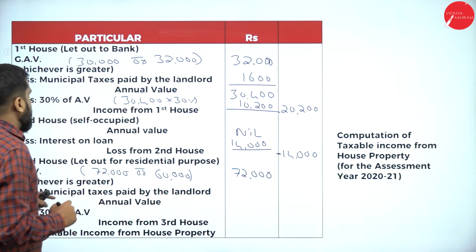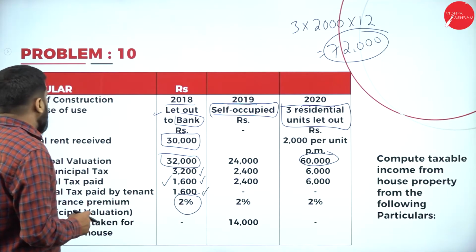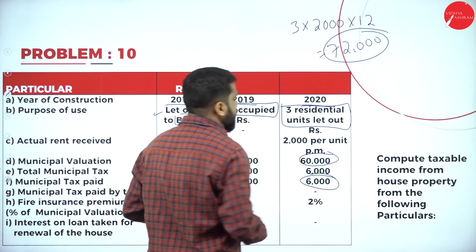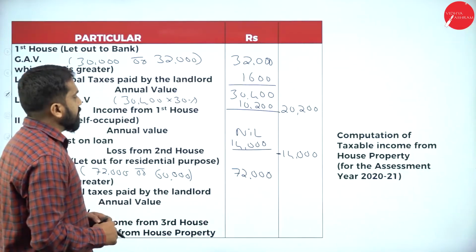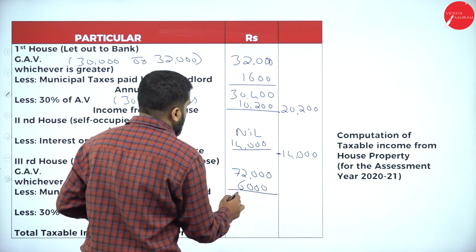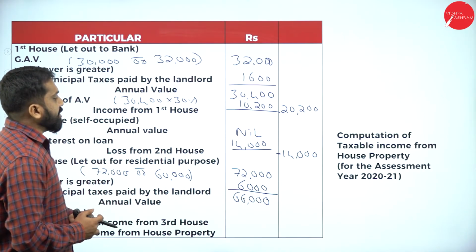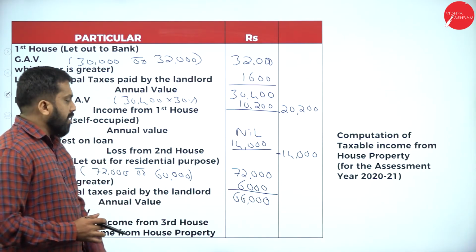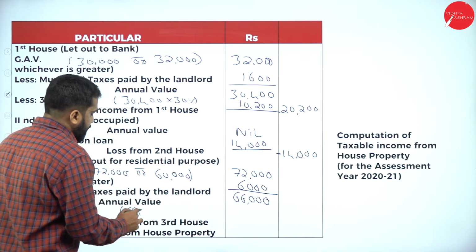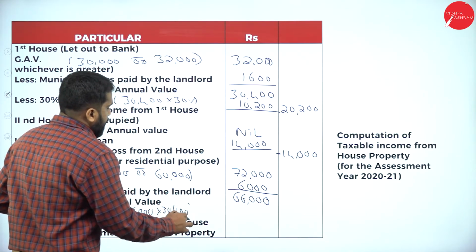Next, municipal tax paid by landlord. As per this, we have 6,000 paid by landlord. Now, 72,000 minus 6,000, you got around 66,000. Now, on 66,000, we calculate 30%. 66,000 into 30%.